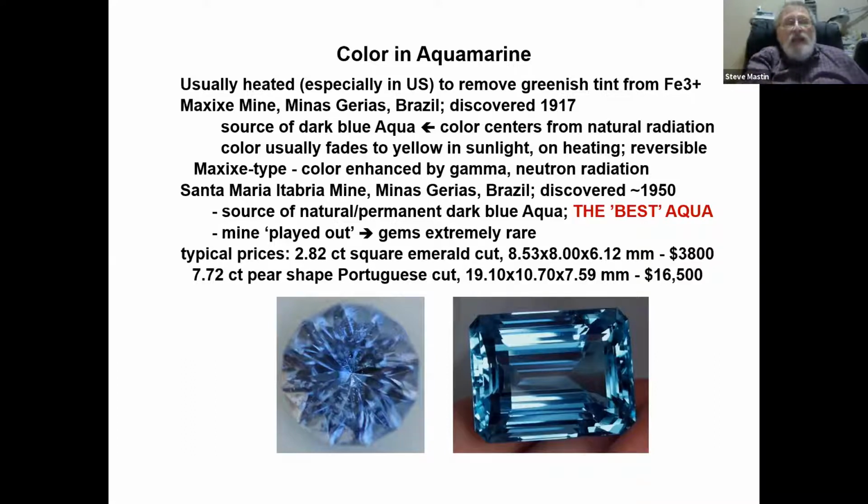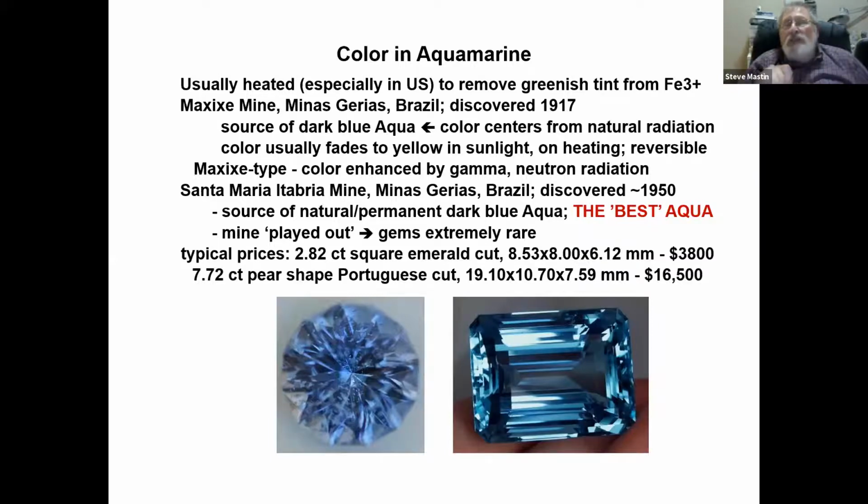On the other hand, I found a 7.7 carat pear-shaped Portuguese cut, a really fancy cut pear-shaped stone, sort of elongated. It's longer than it is wide, so it's got unusual proportions.